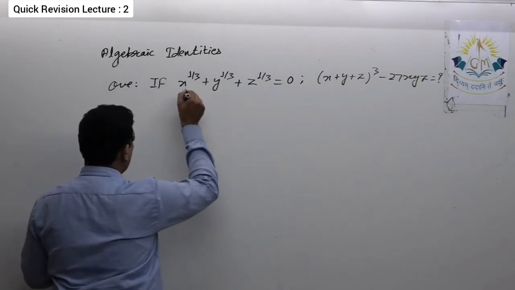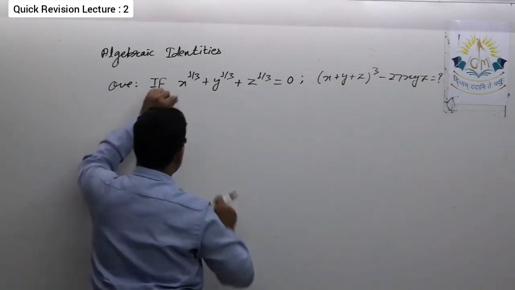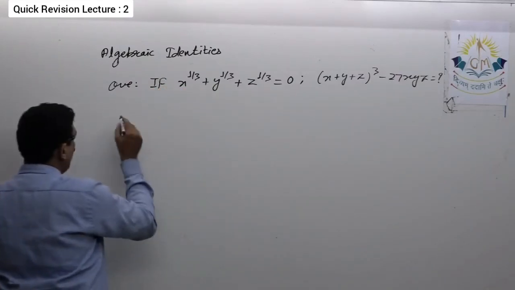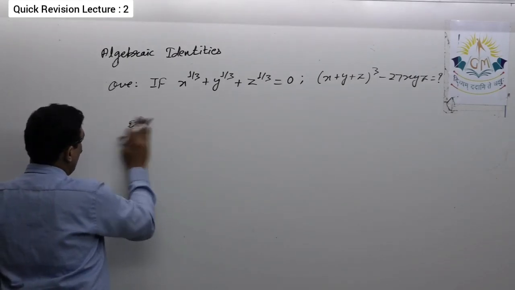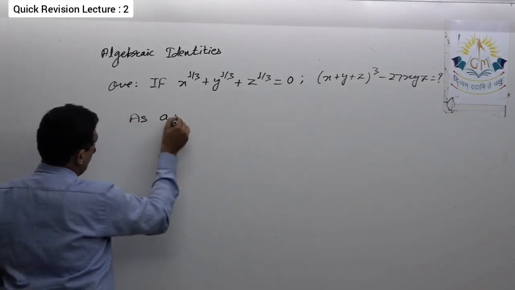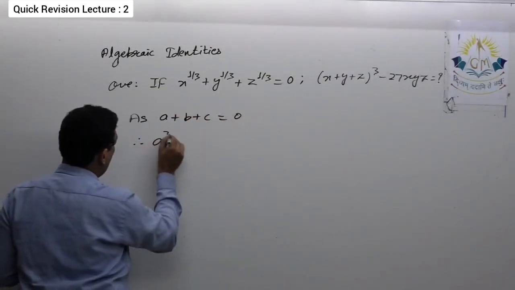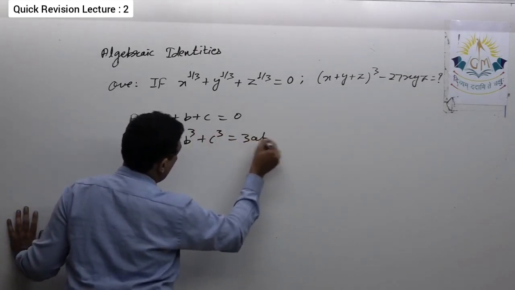So if I consider this as a, this as b, and this as c, here it is actually given a plus b plus c is equal to 0. So according to the identity, as a plus b plus c is equal to 0, therefore a cube plus b cube plus c cube should be equal to 3abc.